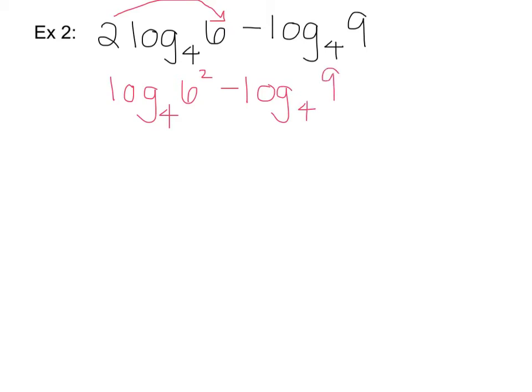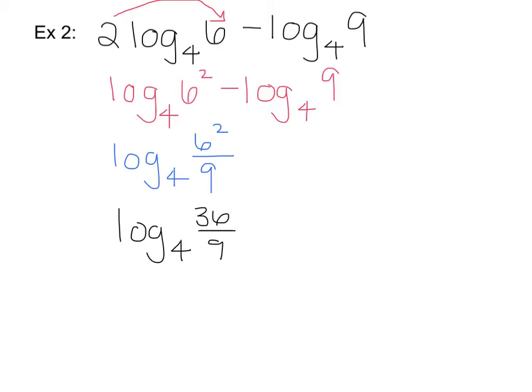All right, now we can use the quotient property. Since the 6 squared comes first, 6 squared is on the top, the 9 is on the bottom. 6 squared is going to simplify to 36, and then 36 divided by 9 gives me 4.